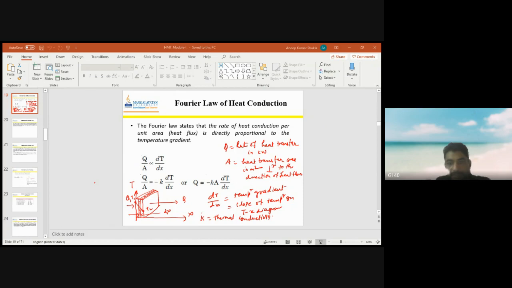And the width you can say is the x or length.